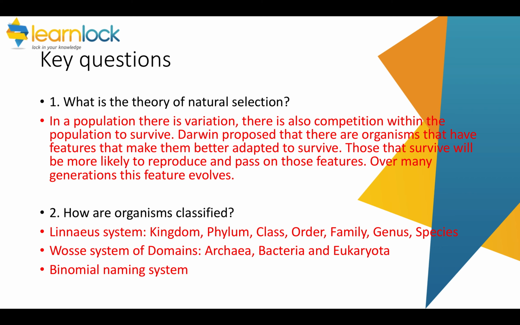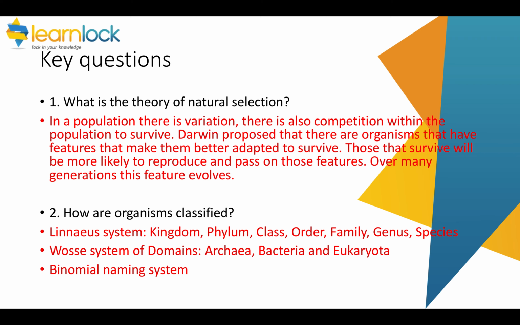How are organisms classified? Well, you have the system that splits them into kingdom, phylum, class, order, family, genus and species. But then you also have the system that Woese came up with, which said that actually you could split them into 3 domains first. So you have the true bacteria, and you have archaea, and then you have everything else, such as plants, animals, fungi, and protists in eukaryota.